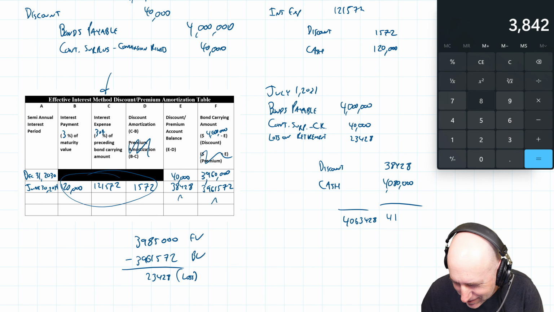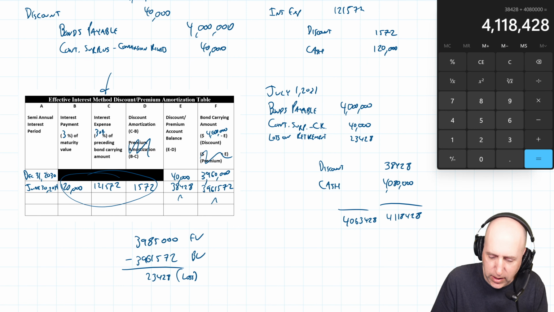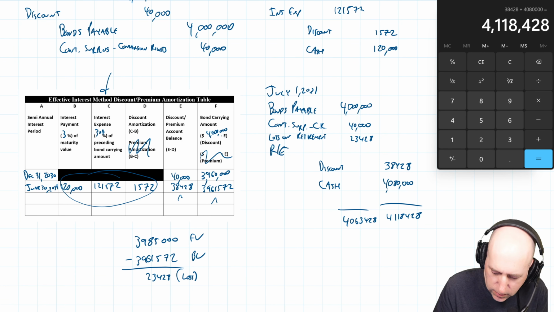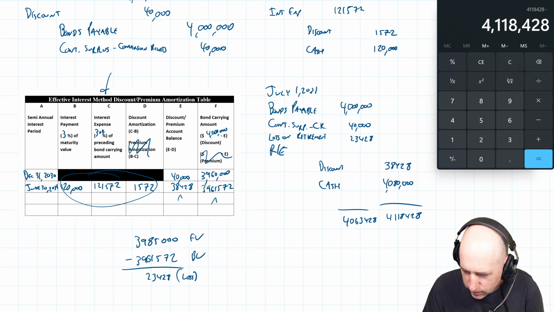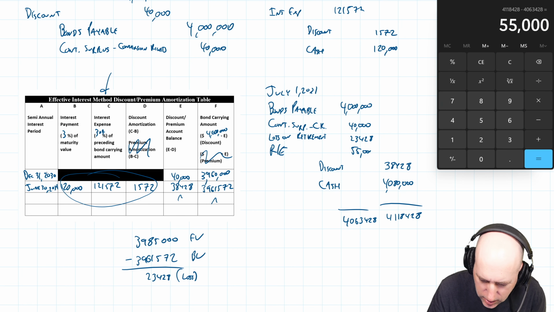I'm doing it in my head. That's never a good sign. Plus $4,080,000, $4,118,428. My credits are bigger than my debits, so I'm missing a debit. I'm going to have to debit retained earnings for the difference here. $4,118,428 minus $4,063,428 is a $55,000 debit to retained earnings.